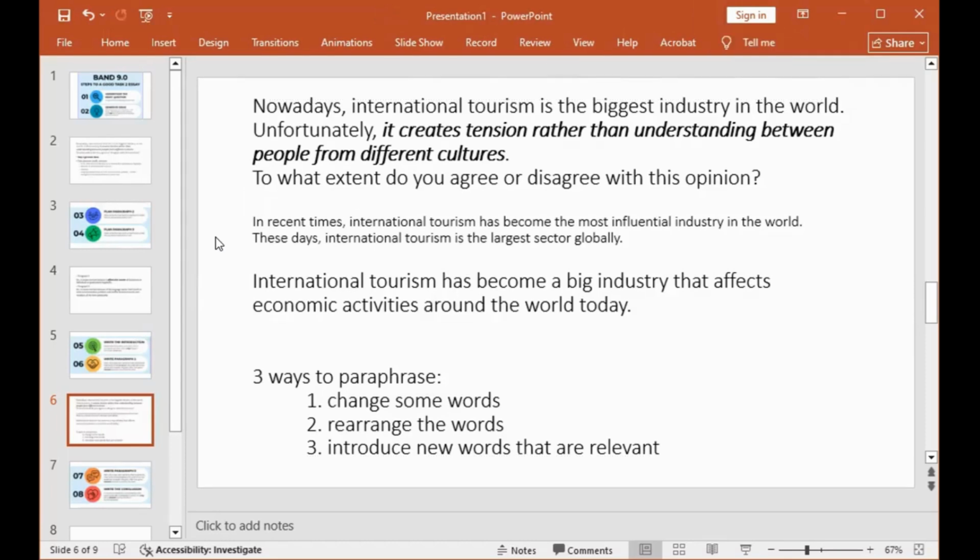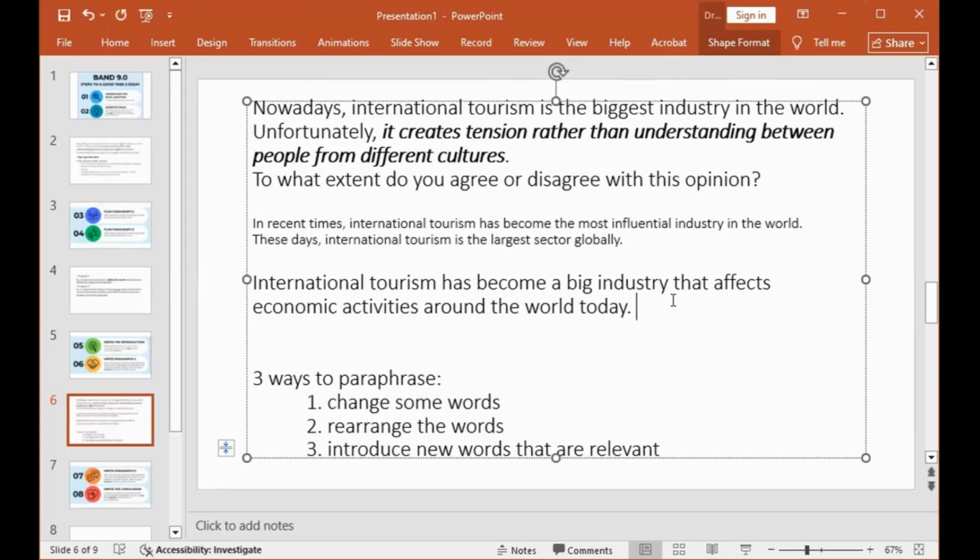Nevertheless, instead of "unfortunately." Nevertheless, it creates rifts instead of tension. It creates what? Rifts, R-I-F-T-S.